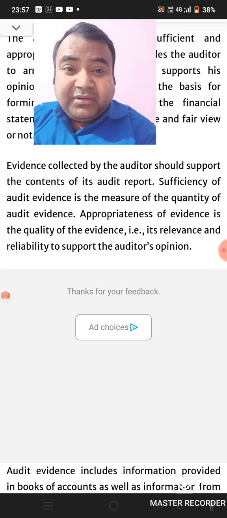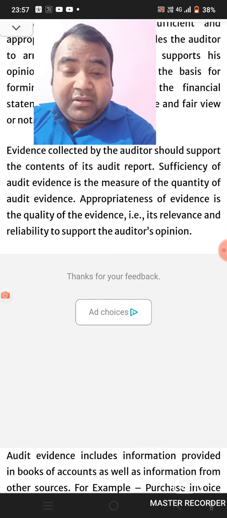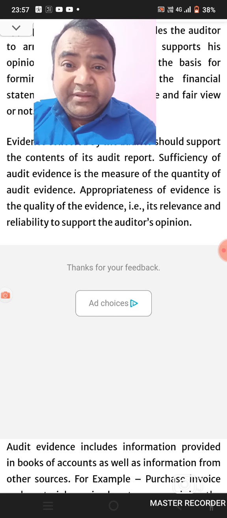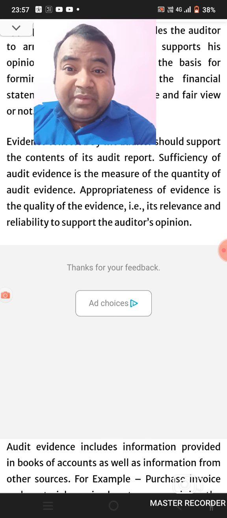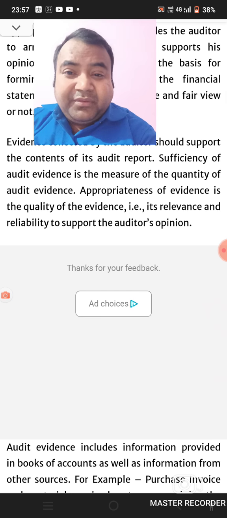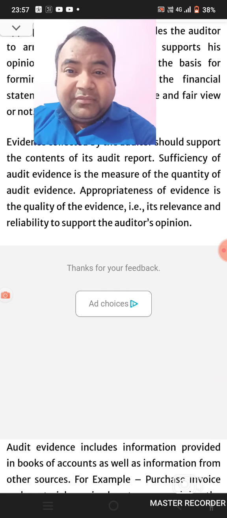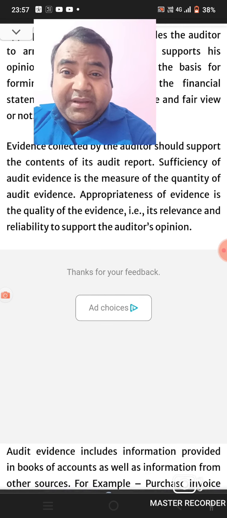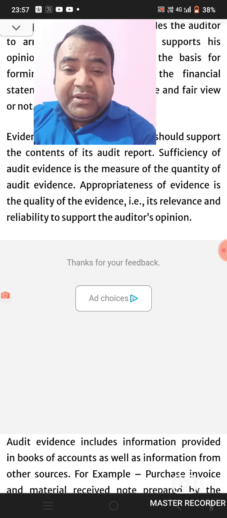If we talk about quality, we mean whether the facts in the evidences are reliable or not. We can easily judge reliable data. Whatever reliable data there is, it means the quality of the data is very good.